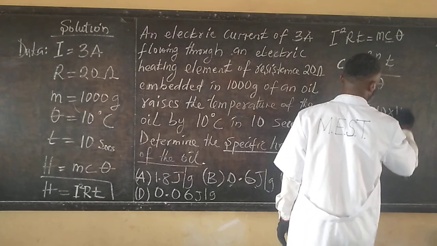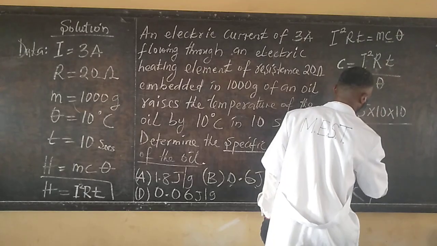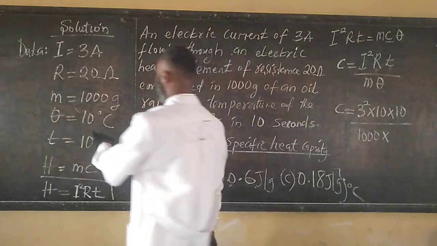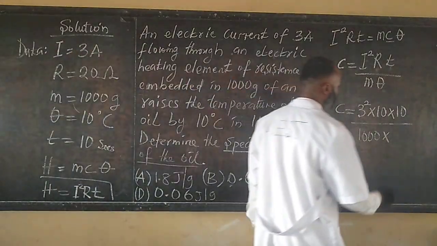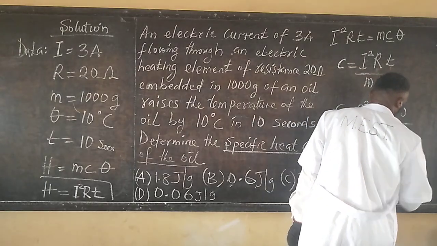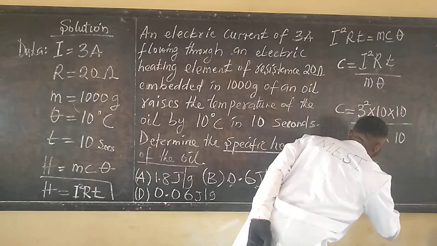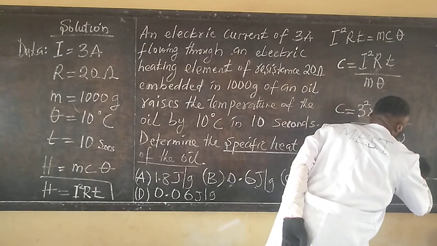Time, we have 10 seconds, all over mass, 1,000 grams, times temperature, 10 degrees Celsius. So our specific heat capacity for the oil, C oil, is equal to dash, put it here.